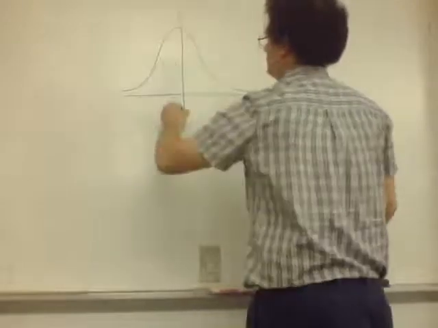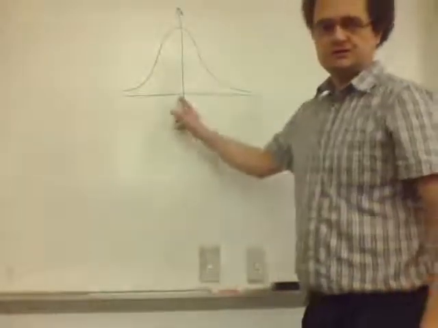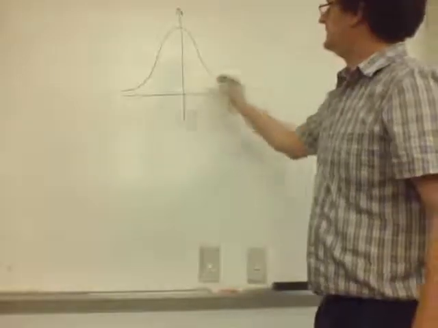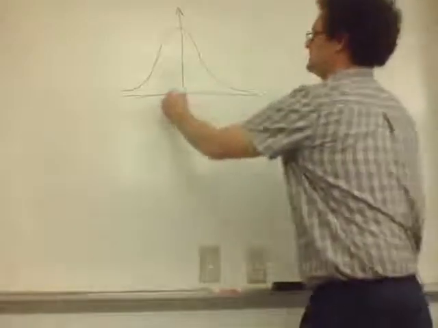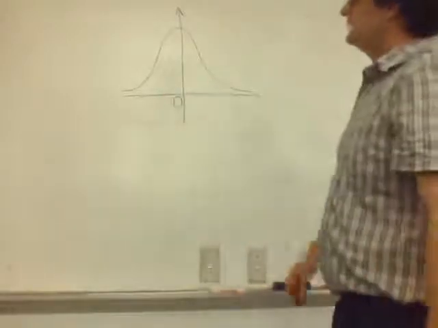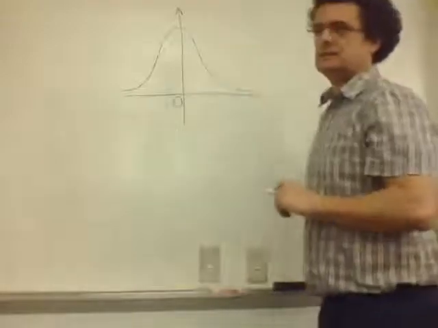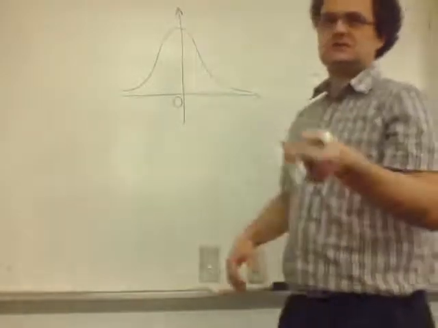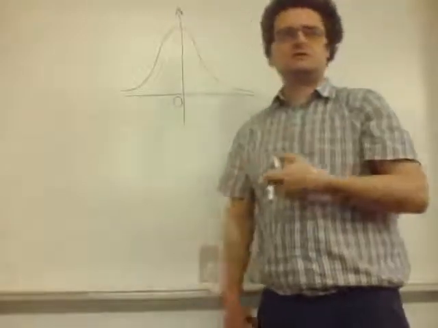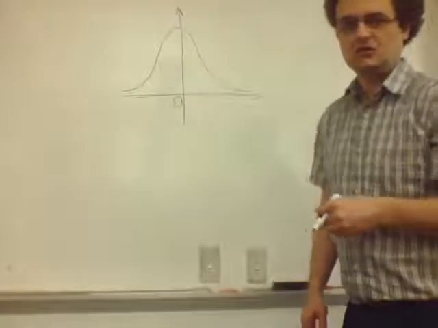And when the mean is 0, the bell-shaped curve is symmetric about the y-axis, so here is 0. When the mean is 0 and the variance is 1, and the standard deviation, which is the square root of the variance, is also 1, we have the standard normal distribution.